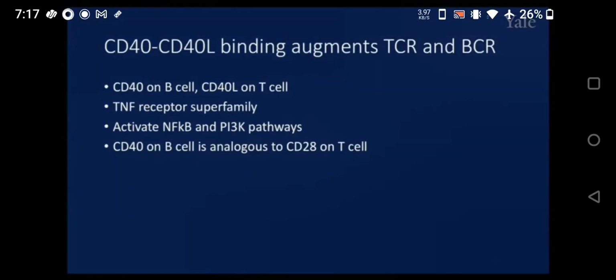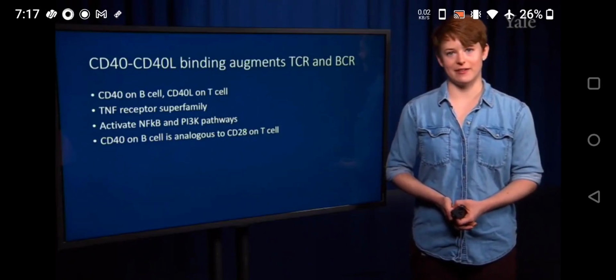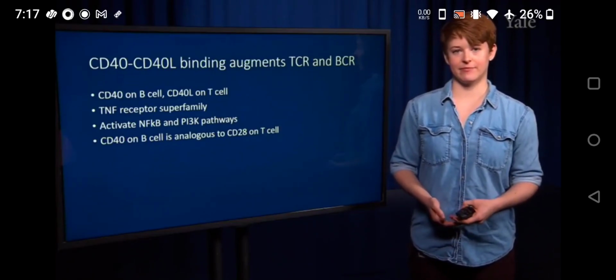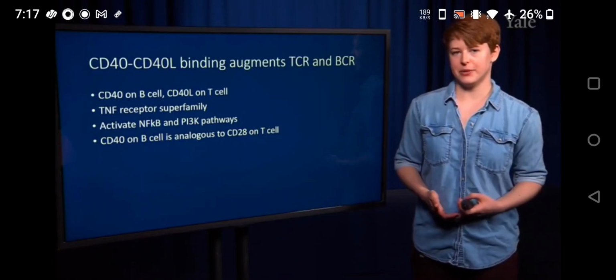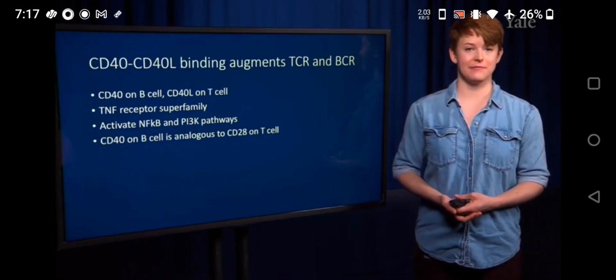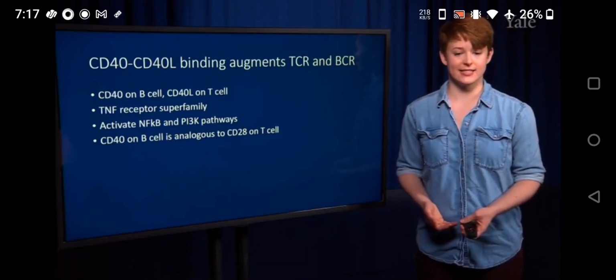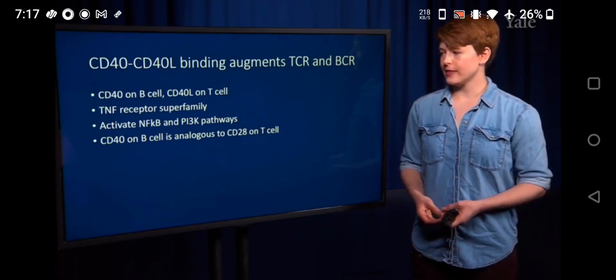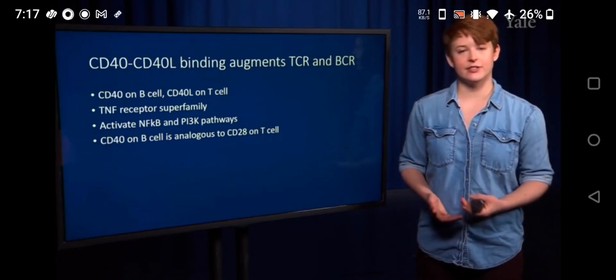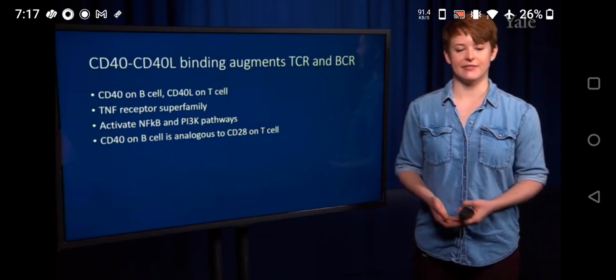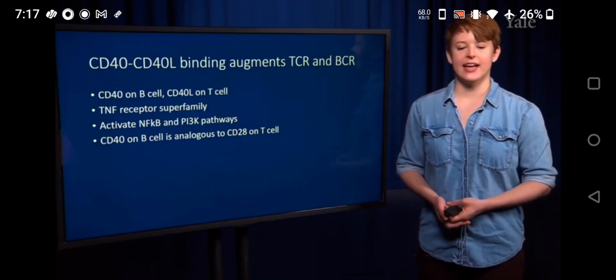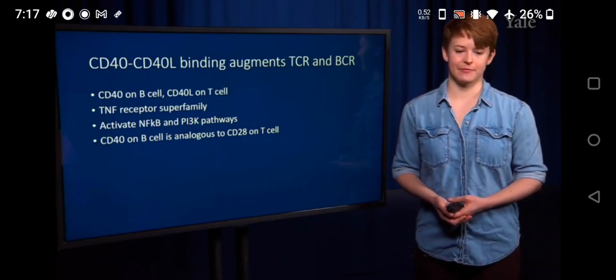On B cells, we have CD40 binding to CD40 ligand. And this helps augment B cell activation and help provided by the T cells. So here CD40 is found on the B cell and CD40 ligand is on the T cell. These are part of the TNF receptor superfamily, and binding helps promote activation of NF-kappa B and the PI3 kinase pathway.